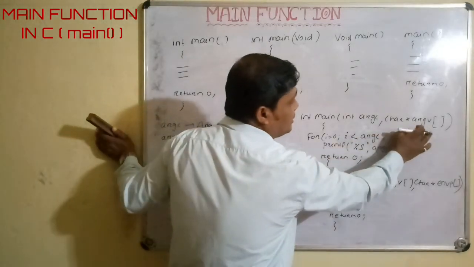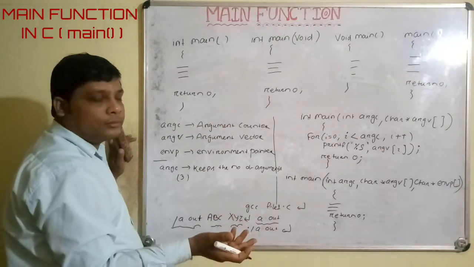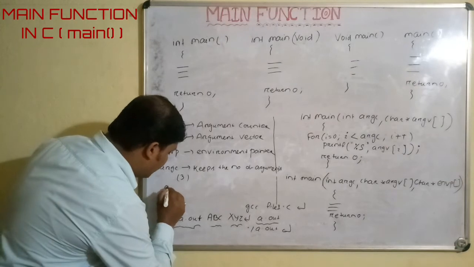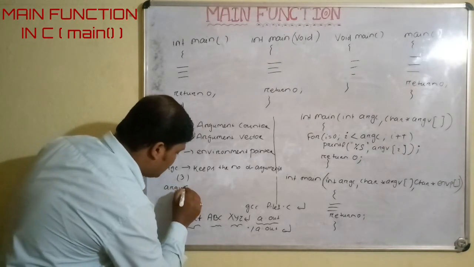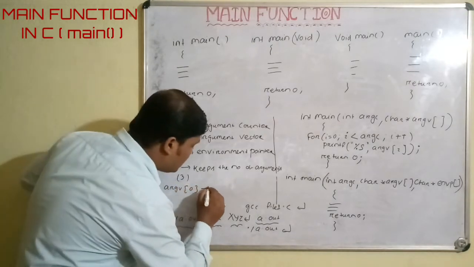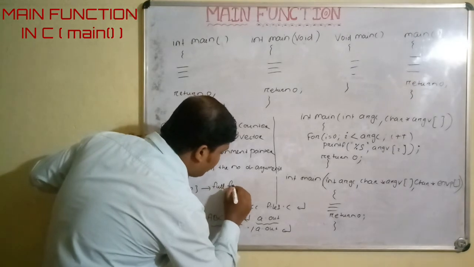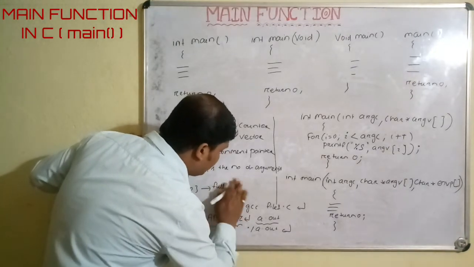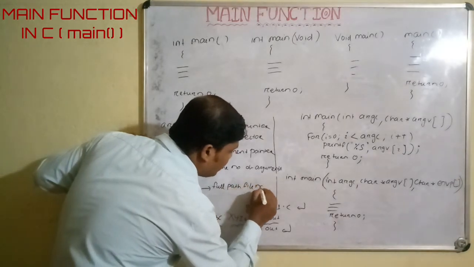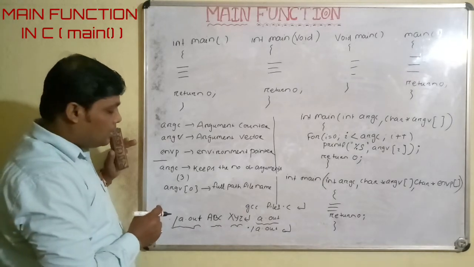I am printing this argv value. What will it display? Just remember, argv 0 is your full path file name.